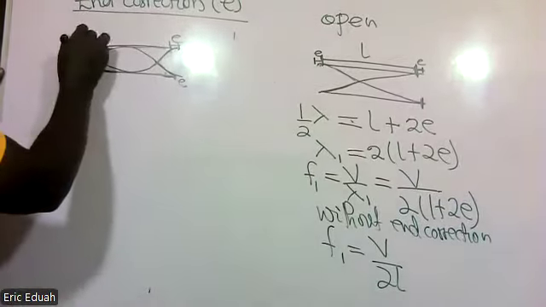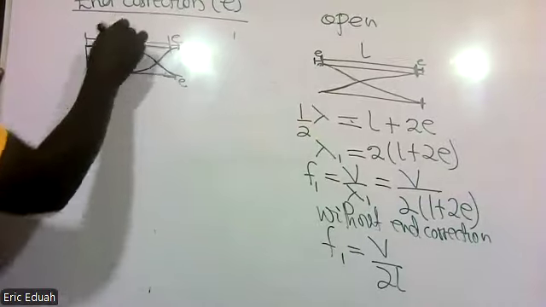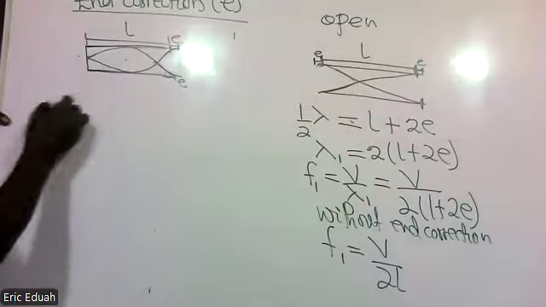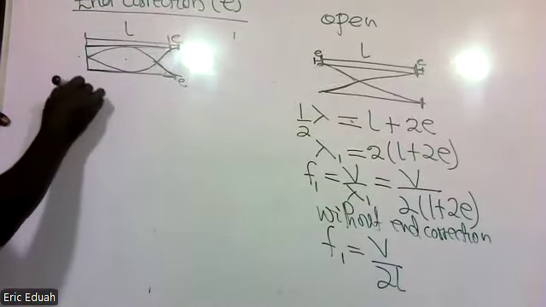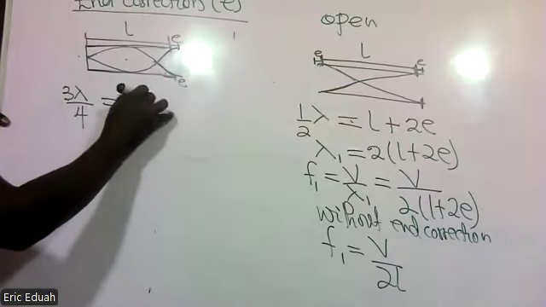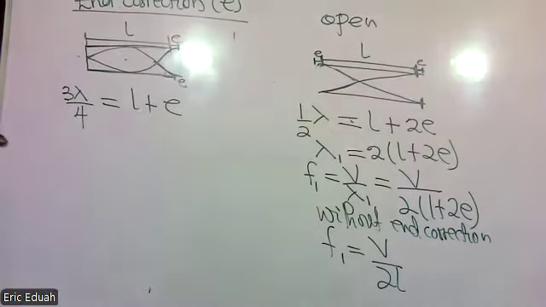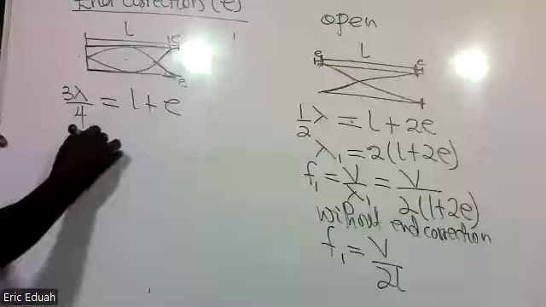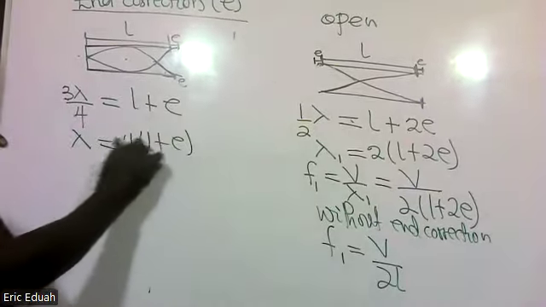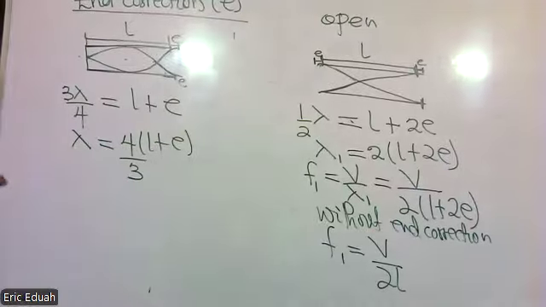So this is the length of the tube, L. So 1, 2, 3. 3 lambda on 4 is equal to L plus E. Therefore, lambda is equal to 4 times L plus E over 3.